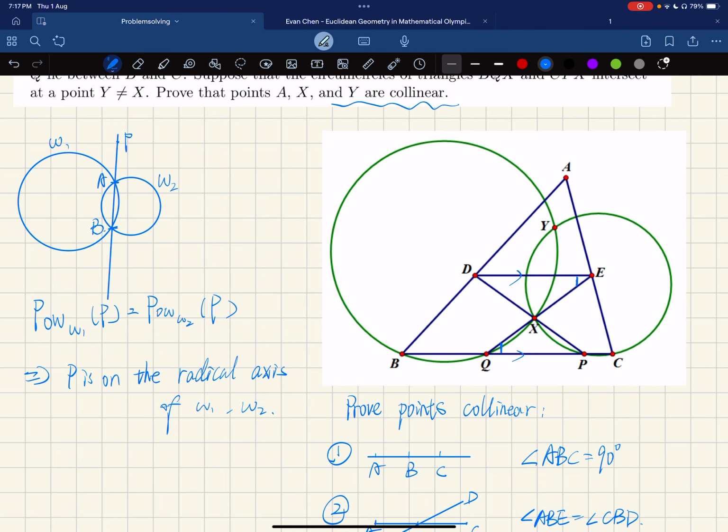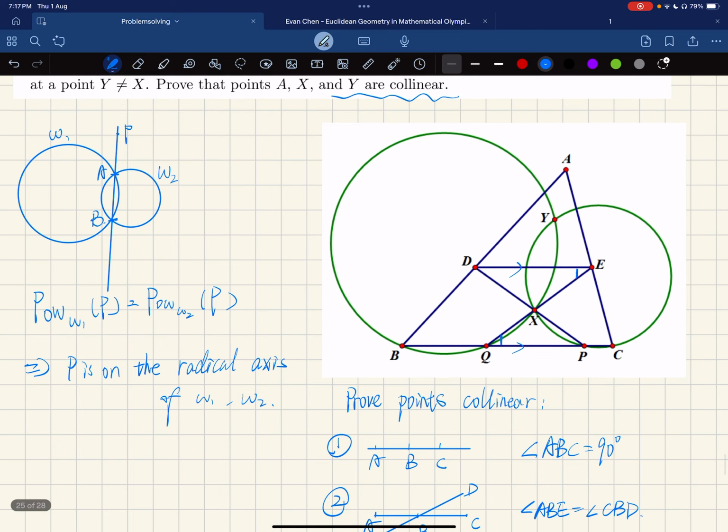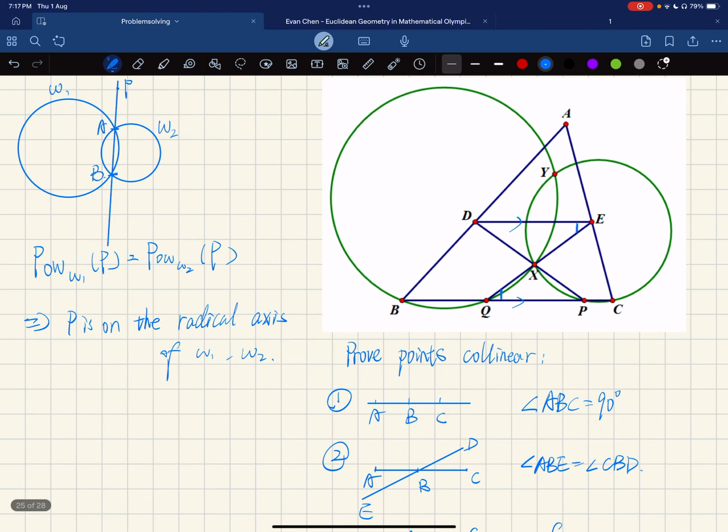So that's the definition of the radical axis, and it is easy to prove that the radical axis is a line. It is a line, not a segment or a ray.